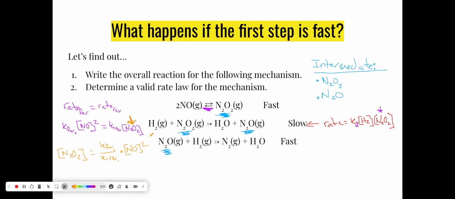And now I can go plug this whole value in for N2O2 in my actual rate law. So I'm going to take this whole value and I'm going to substitute it over here.